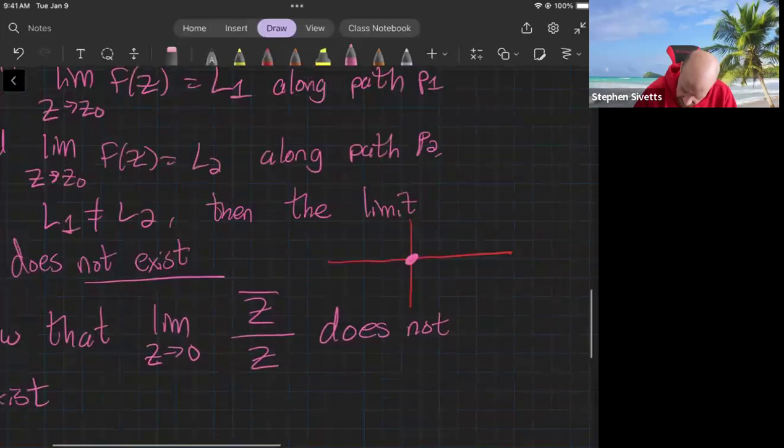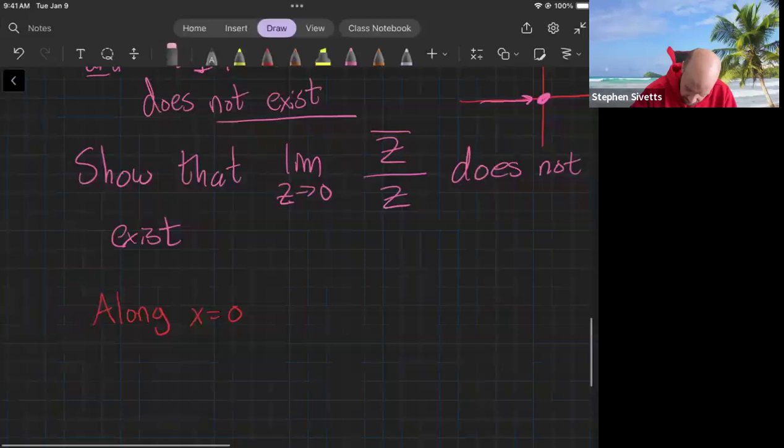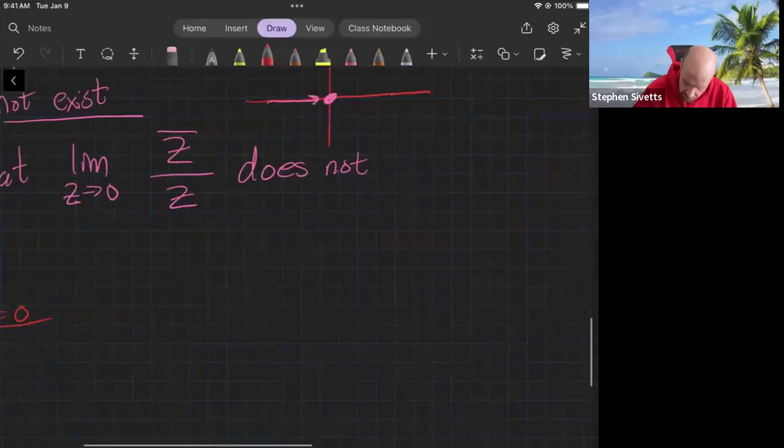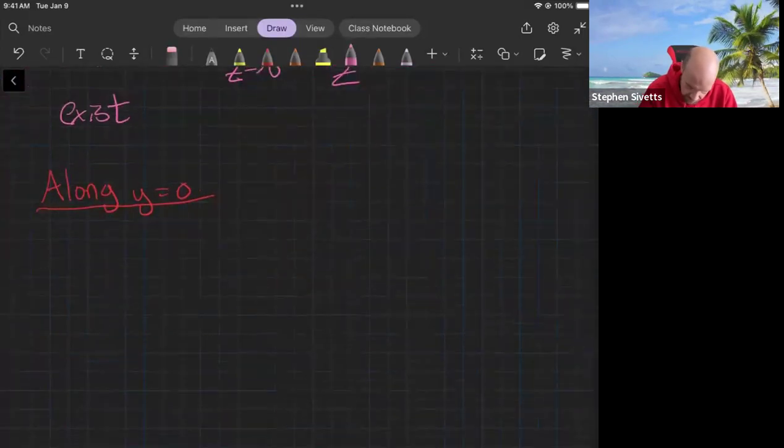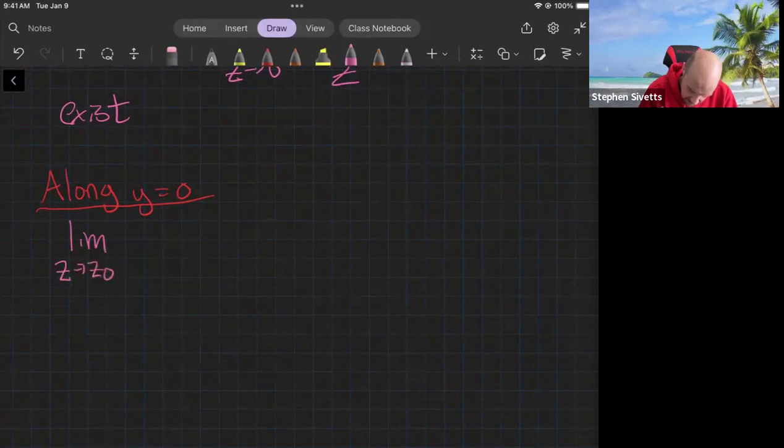Let's say we want to approach 0 along the real axis. So let me change this to y equals 0. So if we approach 0 along the real axis, then y is 0.